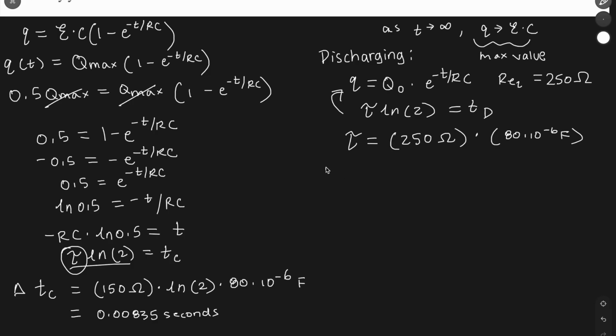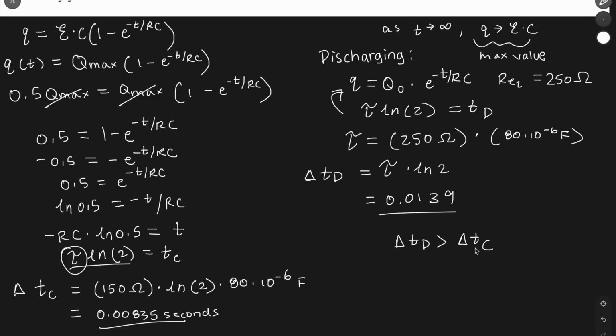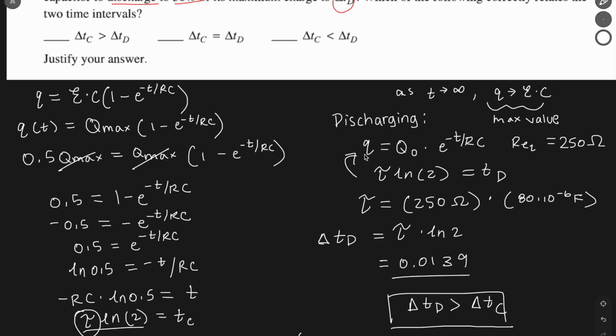And then to find TD, we want to multiply tau times ln 2. Once we crunch the numbers, the value that we get for T sub D is going to be 0.0139. You'll notice that T sub D is greater than T sub C, and this is our final answer.